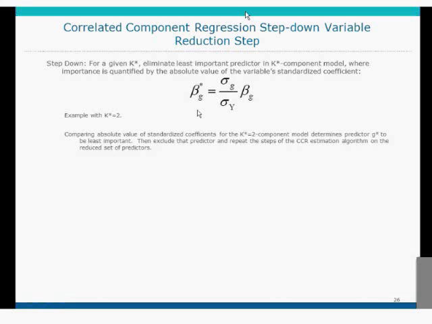Now, what we do is, each time we estimate, we do this standardization and eliminate the predictor that's least important. Then we apply the results of that model to the omitted folds.